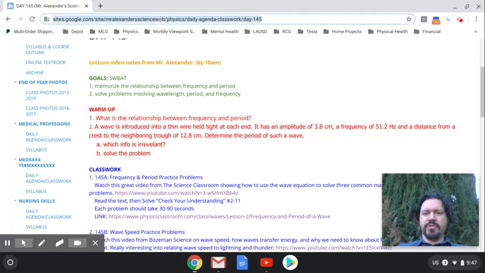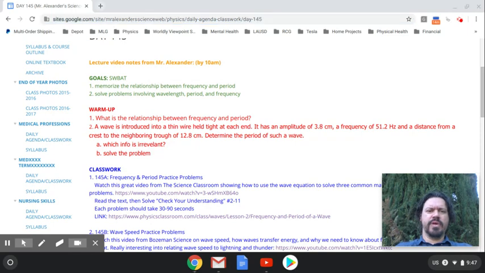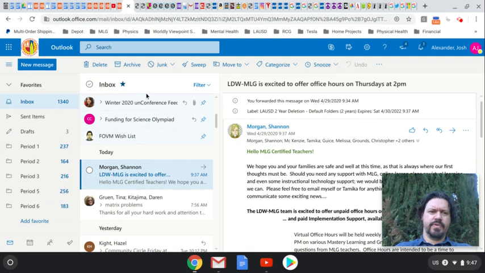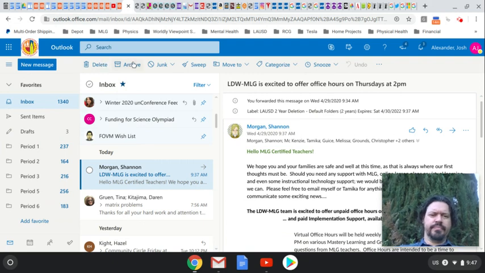So if I was going to use my equation to find the period, how would I do that? Let's go find some equations.